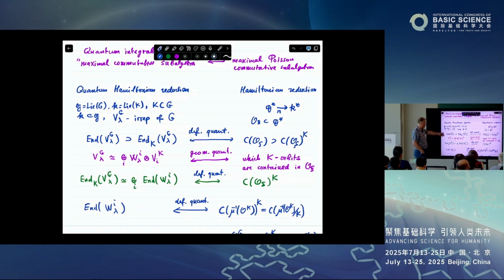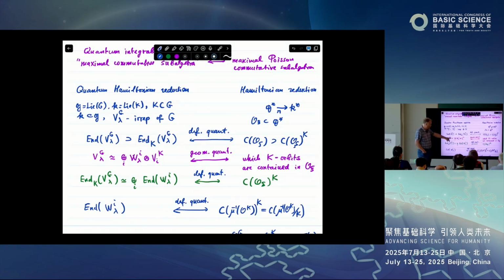On the left, with each representation, you associate a natural algebra: the algebra of endomorphisms of this irreducible space, the matrix algebra. In this matrix algebra, you have a natural subalgebra of K-invariant operators. The counterpart of this is the algebra of all functions on the orbit, and in this algebra you have the subalgebra of K-invariant functions.